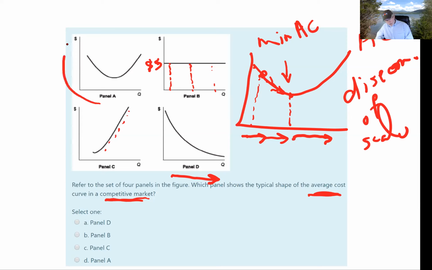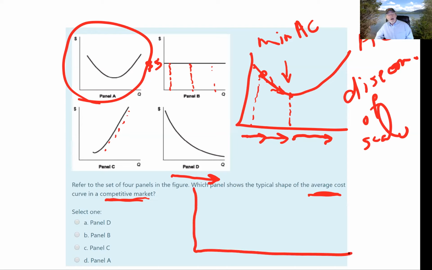So panel A would be the average cost curve that we expect in most markets, and especially in a competitive market. The main exception to that would be where you have a natural monopoly, which means that no matter how much output the firm produces, average cost keeps getting lower and lower.